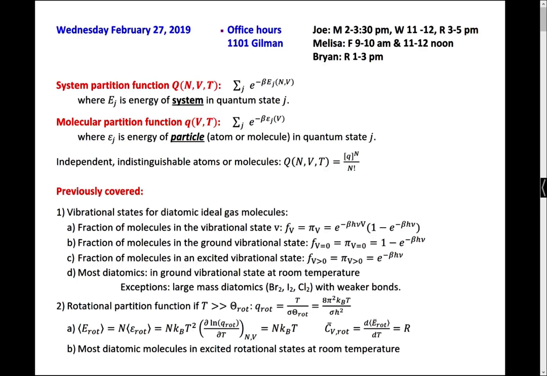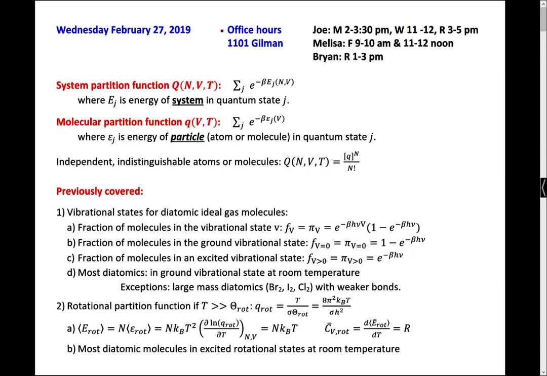So we defined a function that gives us the fraction of molecules in the ground state, and then everybody else, 1 minus that value, corresponds to the excited vibrational state. We did point out that for most diatomic molecules, we're in the ground vibrational state at room temperature. The exceptions are molecules that have weak bonds, and those are associated with very large atoms, so bromine, iodine, and chlorine. Right?